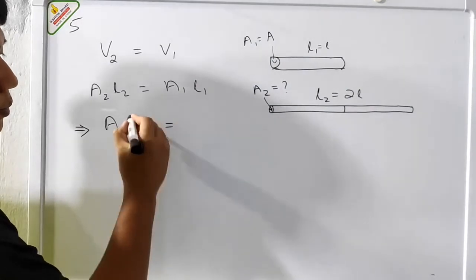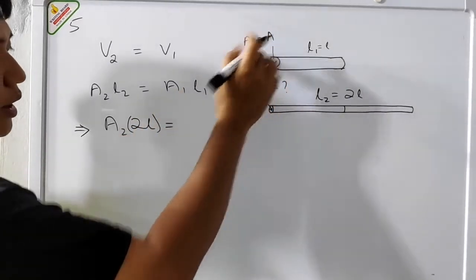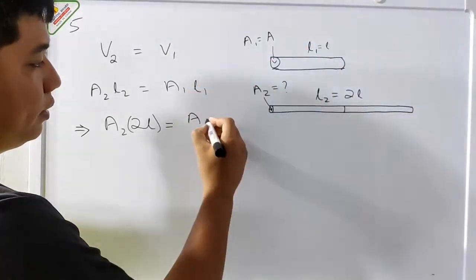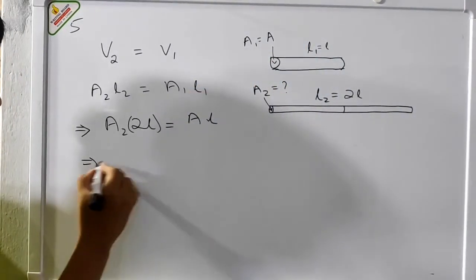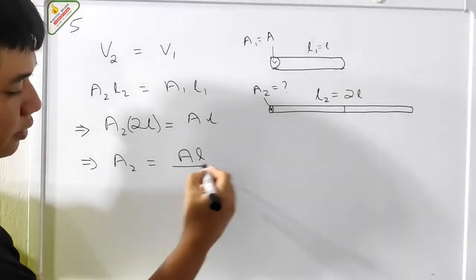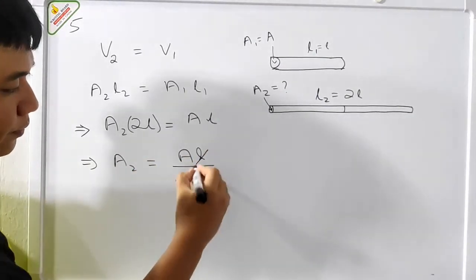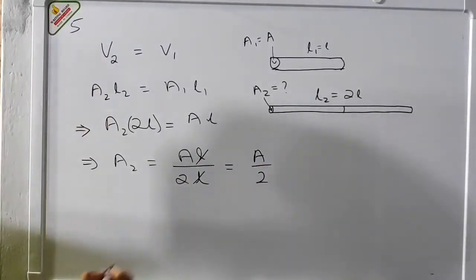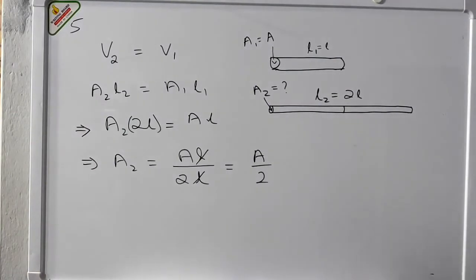A1 is A. Then L1 is L. What is A2? A2 is AL by 2L. We get A by 2. The new area is A by 2.